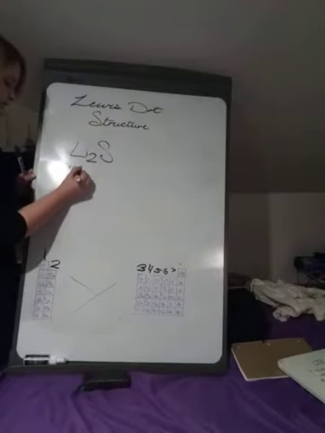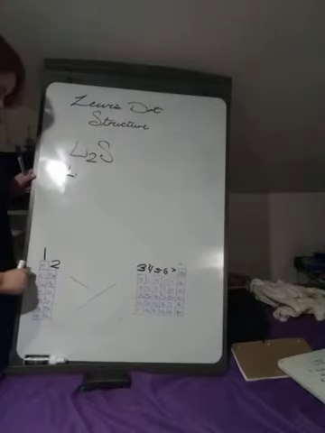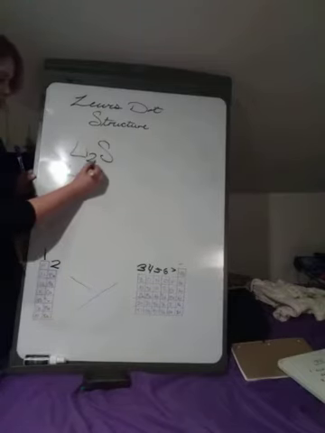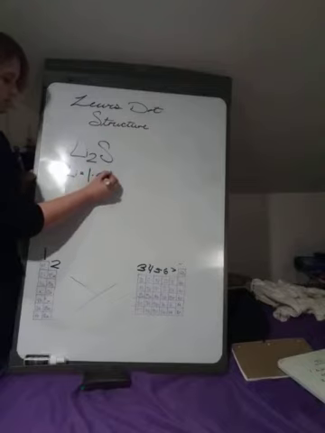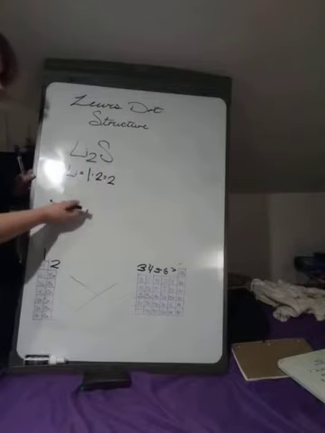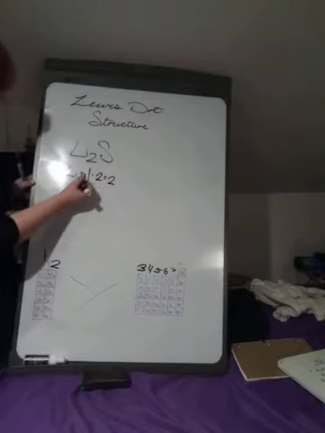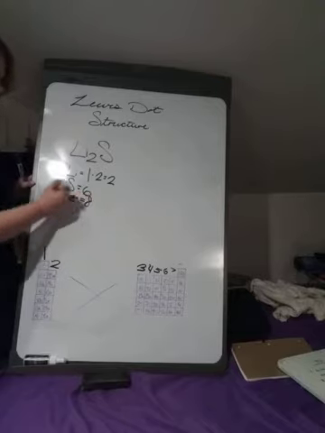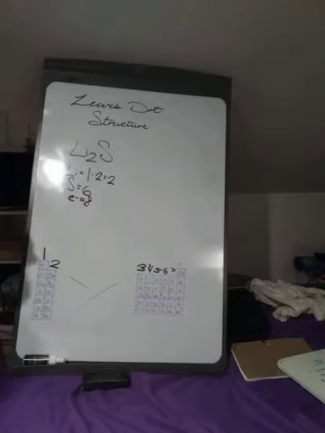Lithium has, in its valence shell, 1. Multiply that by 2, you get 2. Sulfur, in this case sulfide, has 6. So electrons, you have 8. So we're going to try to get something with 8.